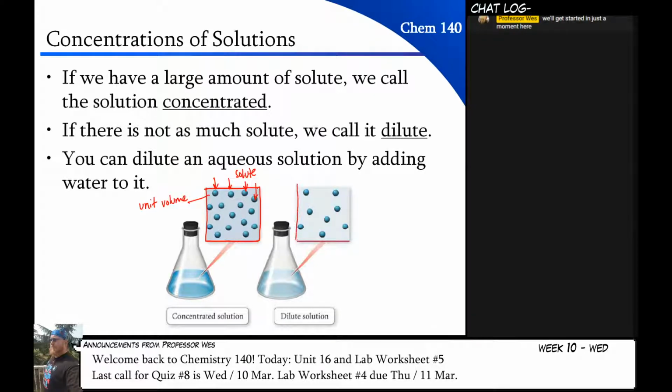I can do the same thing over here. There are far fewer particles of solute in that unit volume. Therefore, that solution is more dilute. The stuff in the interstitial spaces between all of the molecules is presumed to be water.